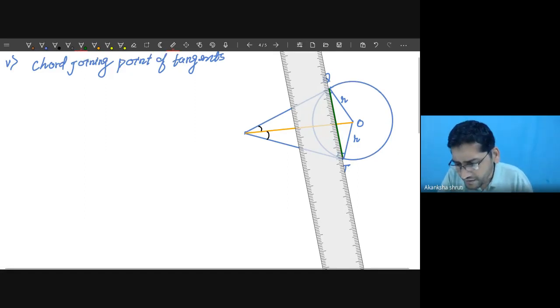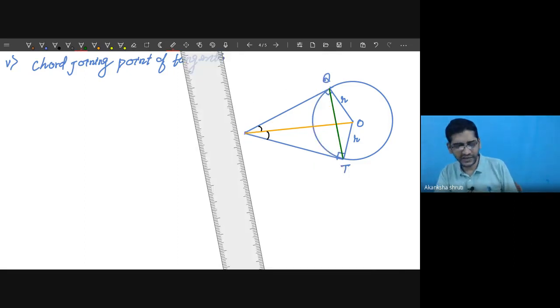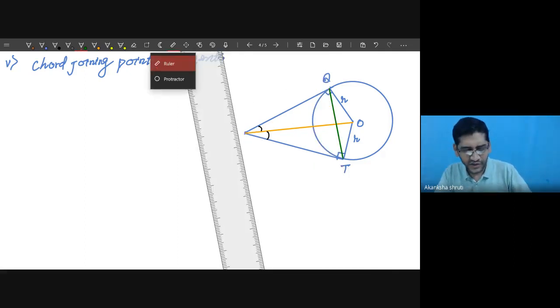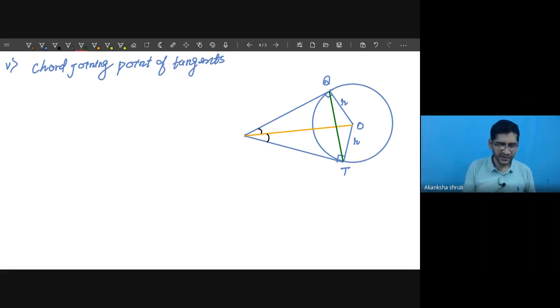After joining, what are the things that can be concluded from this? The chord joining the tangents. What we are observing here, QT is the chord, but we have observed that triangle QPO and triangle TPO are congruent.